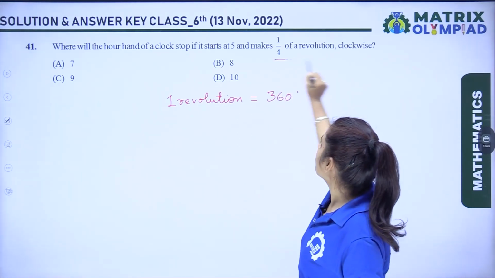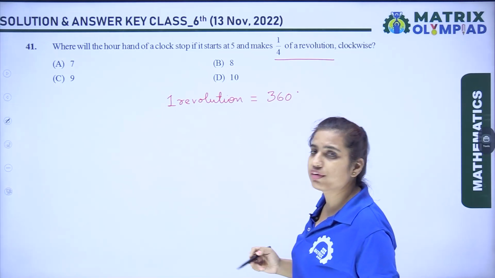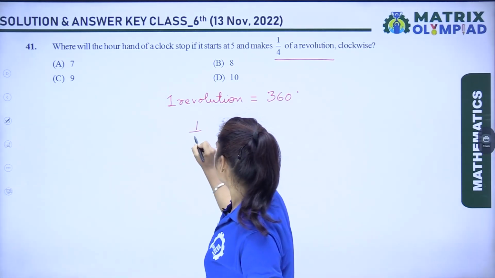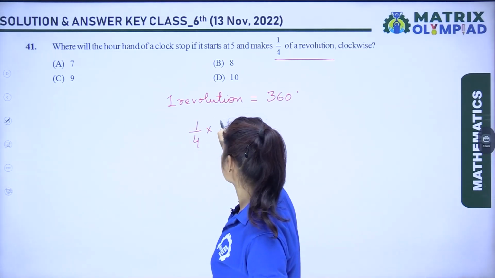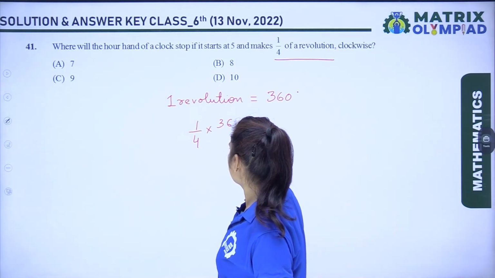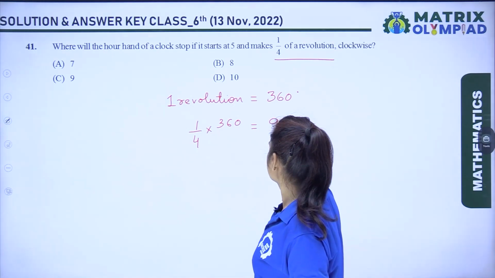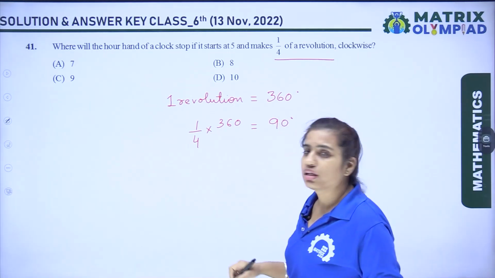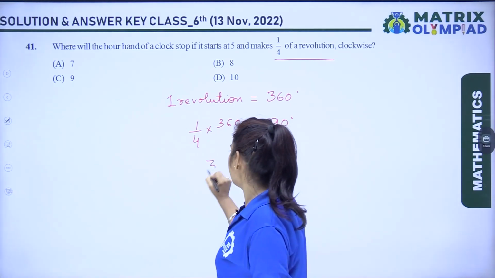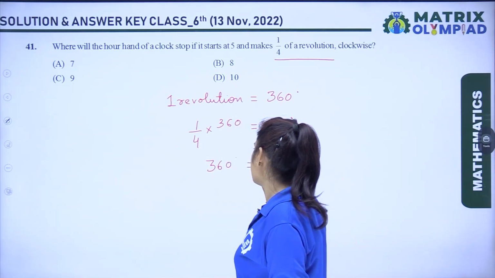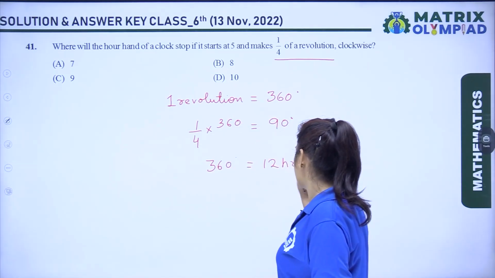Now here we have to make 1/4 of a revolution. So here 1/4 revolution is equal to 1/4 multiplied by 360, that is equal to 90 degrees.